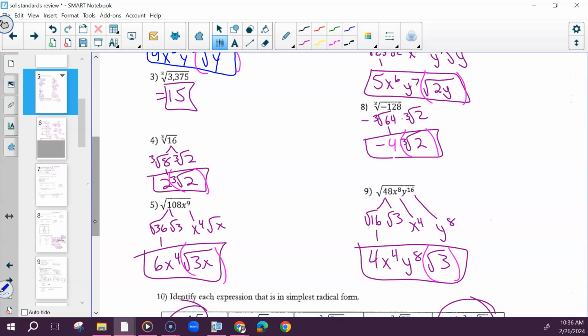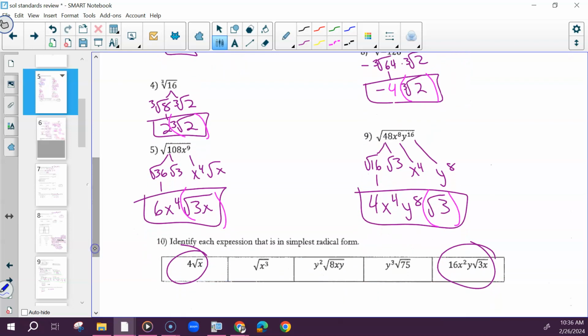And number 10 was the first and last. So once you have that written down, go on to the next page. Does anyone need me to go back to any?